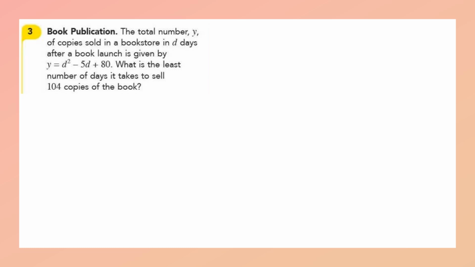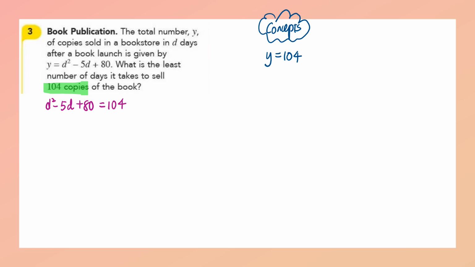So what we can do is let y equal 104, and then equate it: d squared minus 5d plus 80 equals 104. Bring everything to the left hand side, you end up getting a quadratic equation, which usually, what do you do when you get a quadratic equation?